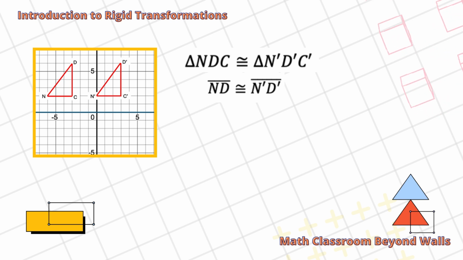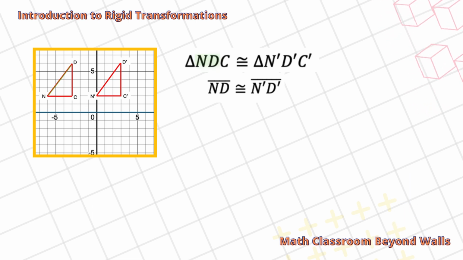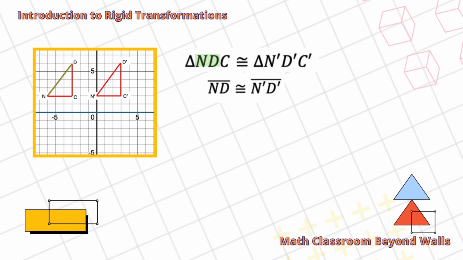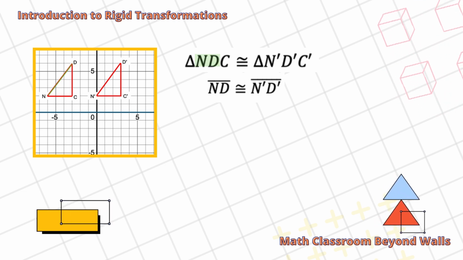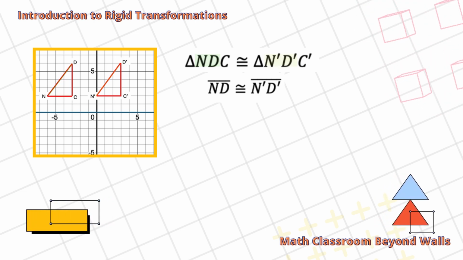Take a moment and look at the congruent statements that we have here so far. Side ND are the first 2 letters of the triangle NDC, the pre-image, and side N prime D prime are the first 2 letters of triangle N prime D prime C prime, the image.